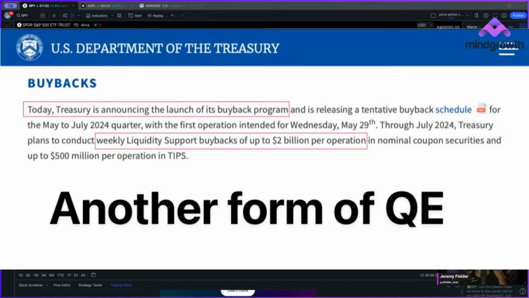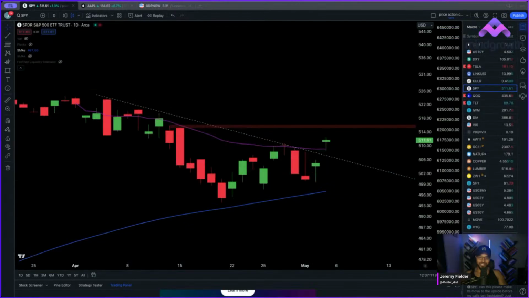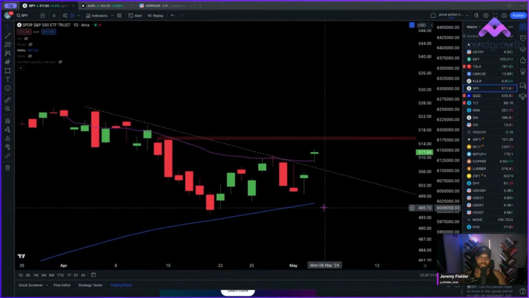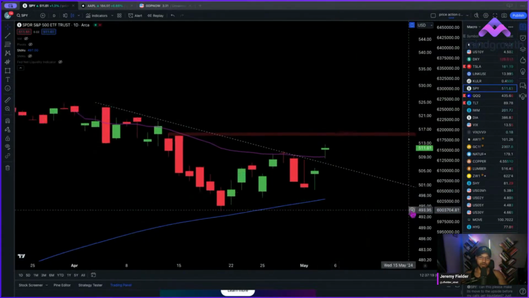The US Treasury issues debt, pushing up rates, and now they're going to be buying back their own debt. They're essentially removing treasuries from the system, which means they're putting downward pressure on rates because nobody wants higher rates. So this is another form of QE. The Fed is starting up QE, and now the Treasury is starting up QE. That's a net inflow into markets.